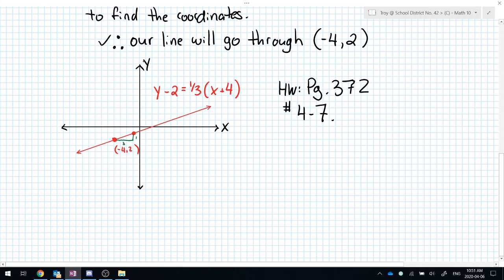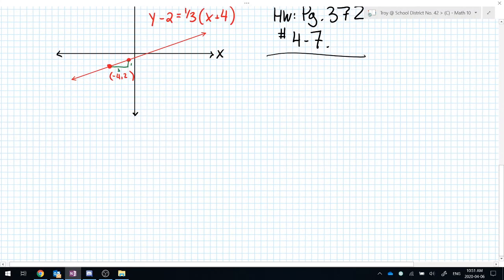with slope point form. That should have been your homework that you've done last week. Today we'll have a little bit more for you to go through. So let's take a look at the next example.